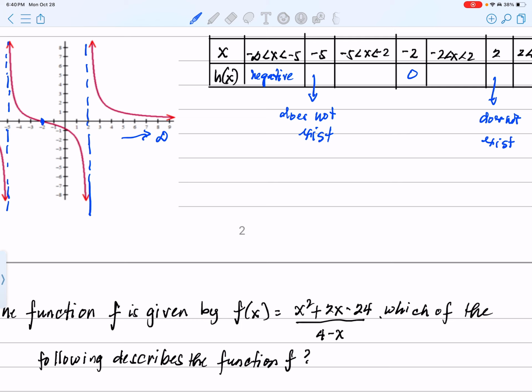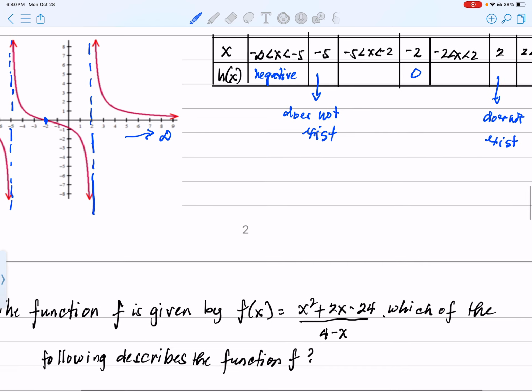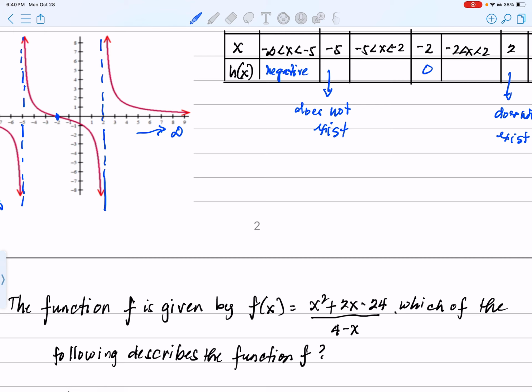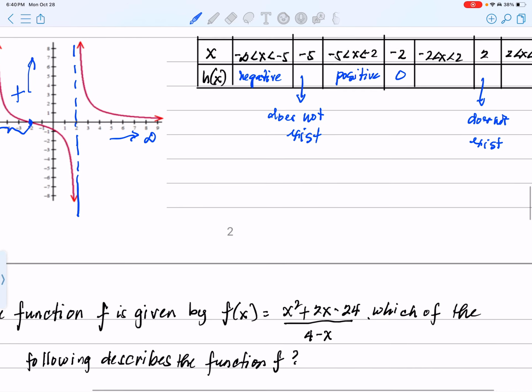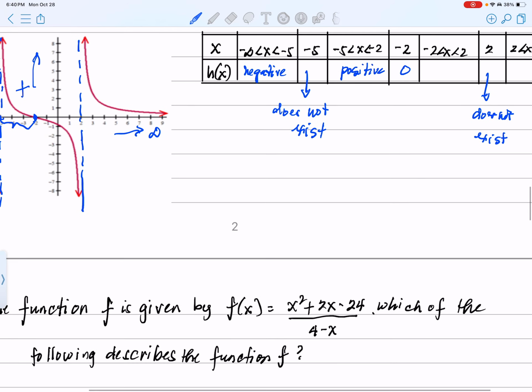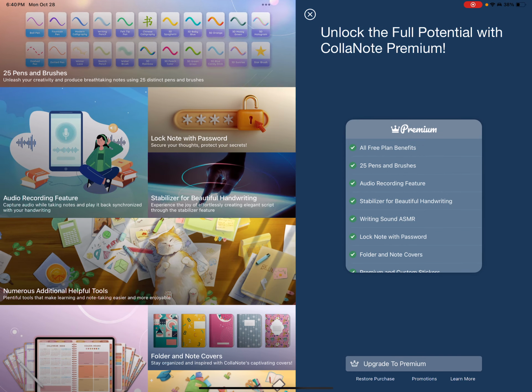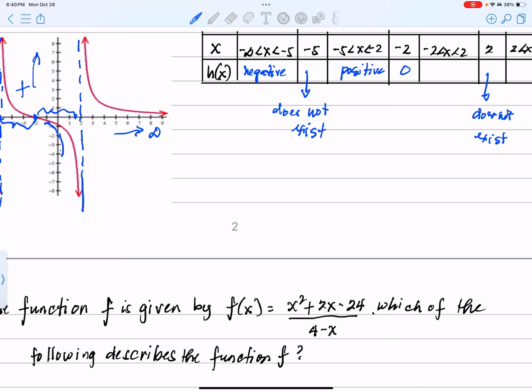How about the interval from negative 5 to negative 2? If you look at this interval right here, the graph is all up, so these are positive. From negative 2 to 2, you see the graph started to move down, which means this is negative.